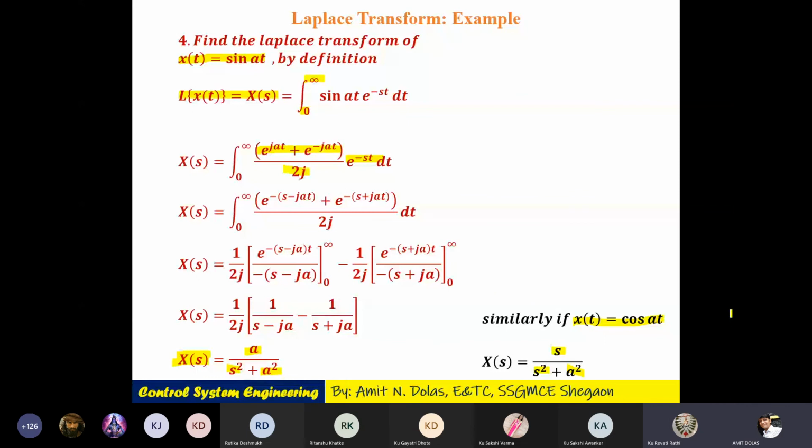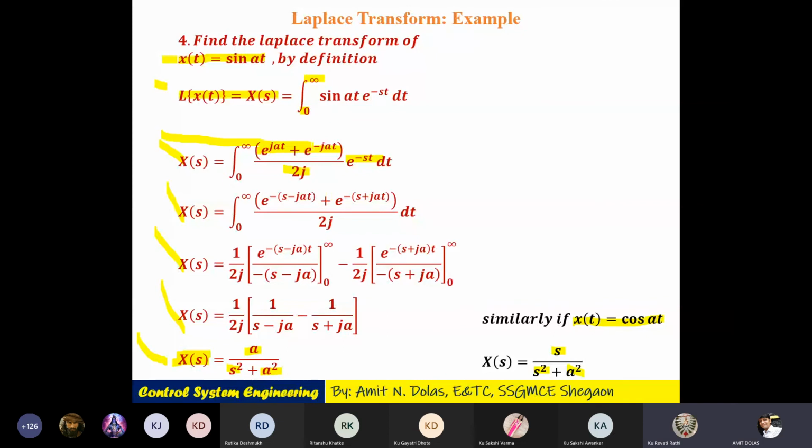What is the query? It is sine of 80. So it is x of s, integral of sine of 80 e raised to power minus st. Then I'll say this is step 1, step 2, step 3, step 4, step 5, step 6 and step 7. Where is the problem? Step 2.